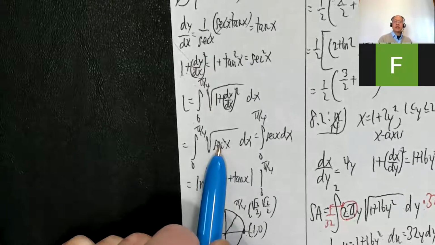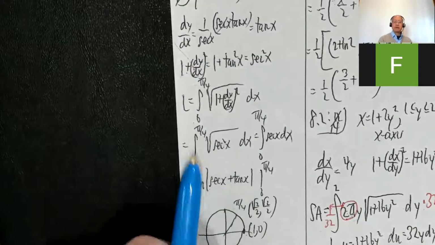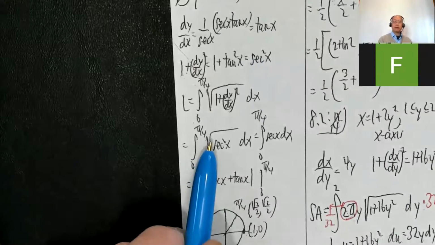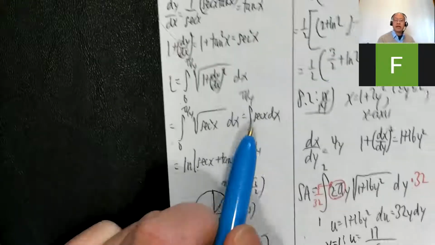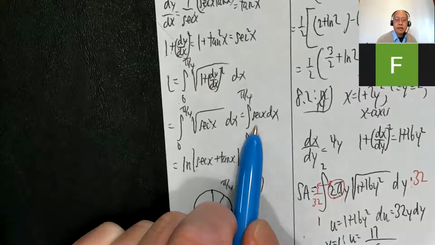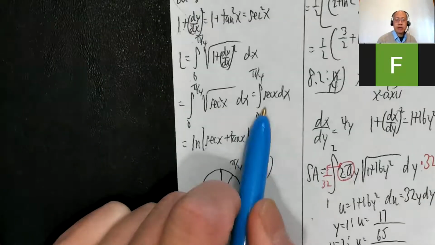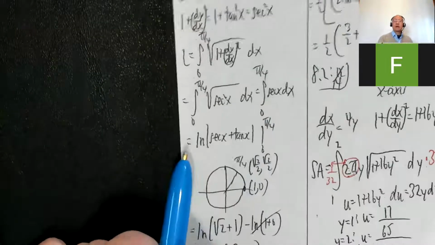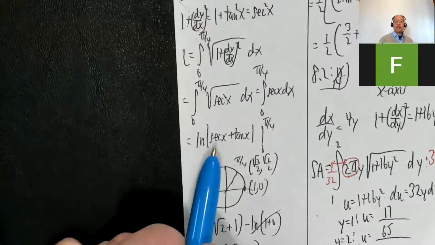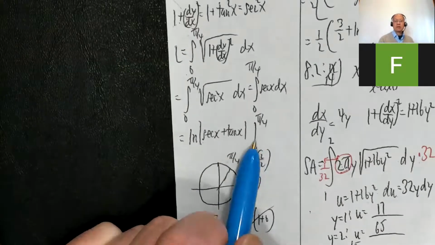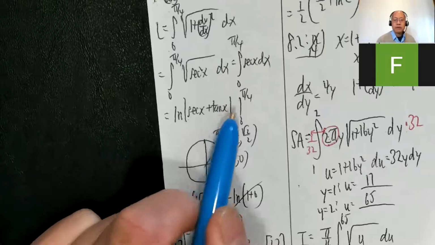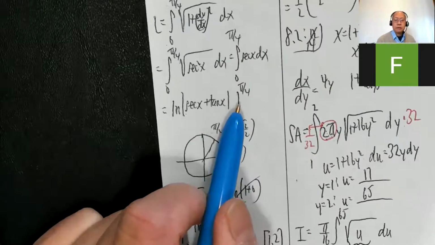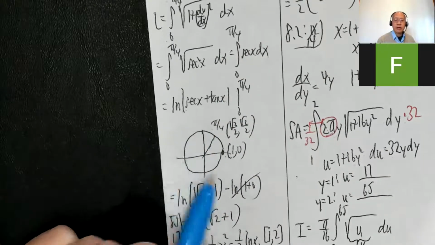Square root of secant squared x is secant x. If I'm between 0 and pi over 4, first quadrant, you don't have to worry about plus or minus. So I'm integrating the secant. Okay, and you can put this on your cheat sheet if you want. The integral of secant, you might recall, is ln absolute value of secant x plus tangent x, from 0 to pi over 4. Then a little bit of trig after that.